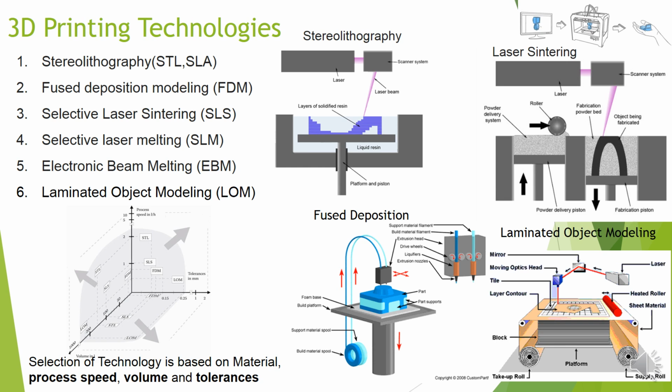Fused deposition modeling uses heated thermoplastic material and extrudes it via a nozzle while the nozzle lays the material down in layers. Laminated object modeling uses layers of adhesive coated paper, plastic, or metal laminates which are successively glued together. So the selection of the process and technology depends upon various factors. Some of the factors include material, process speed, volume, and tolerances.